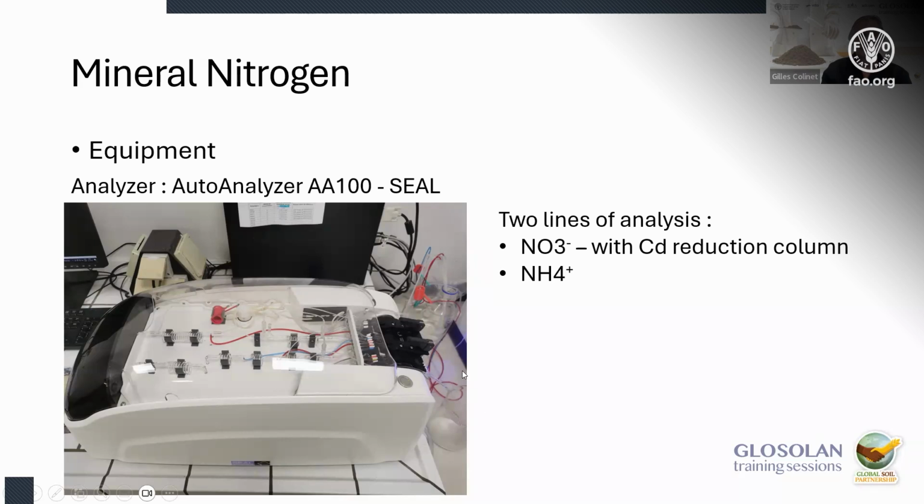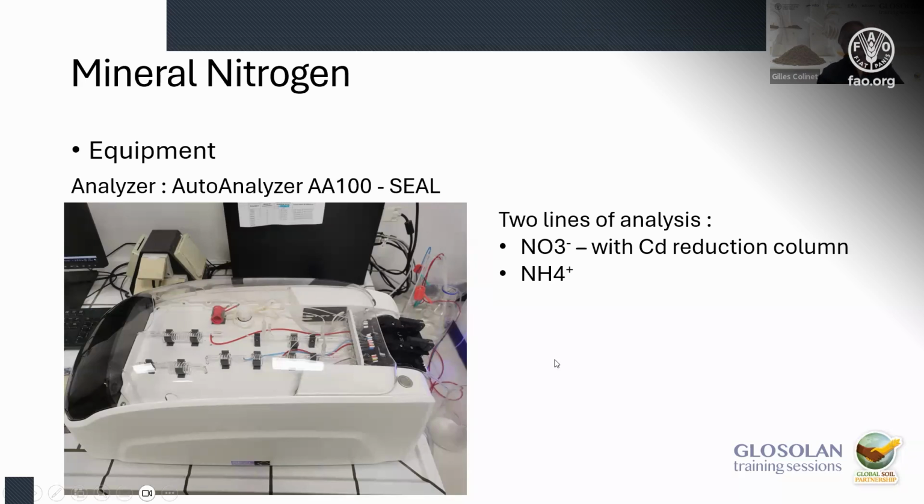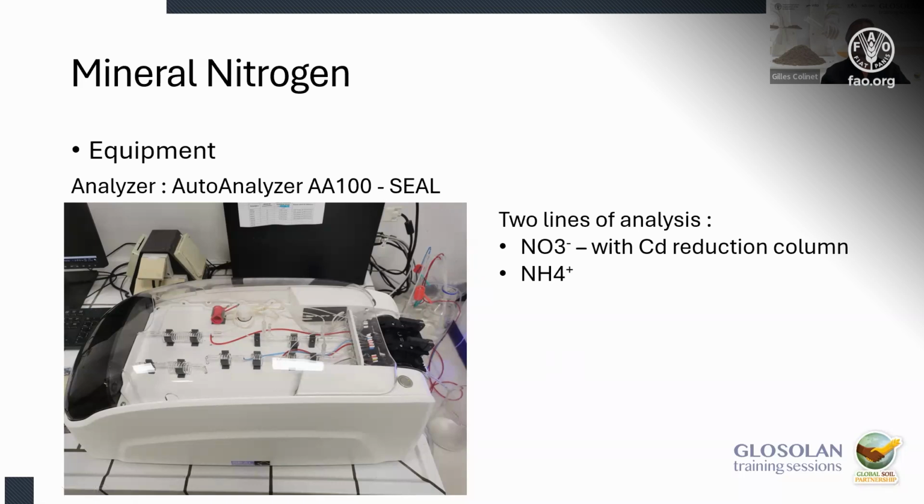The samples are taken up here. They go through tubes into the machine, and we have 2 lines of analysis. This one here is for the nitrate, and the other one is for the ammonium. It's automated, and the system does by itself the extraction of the samples and the color development.